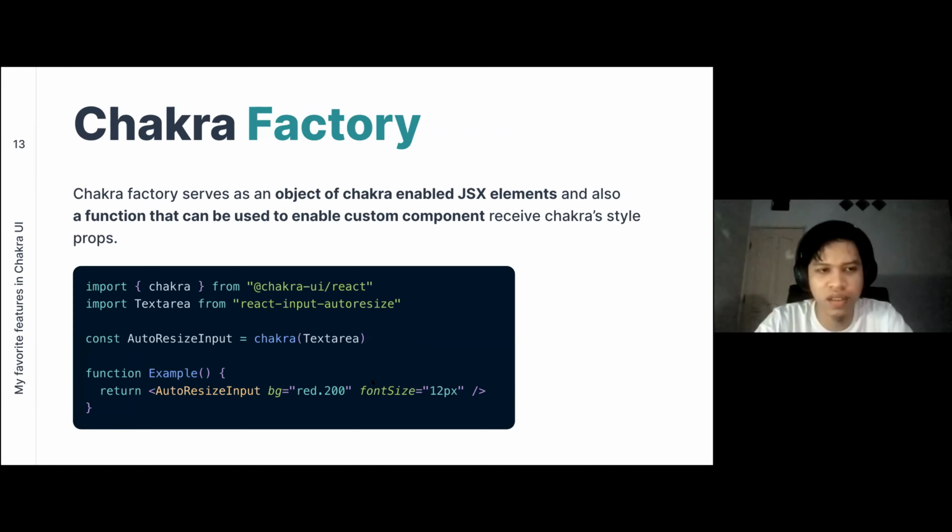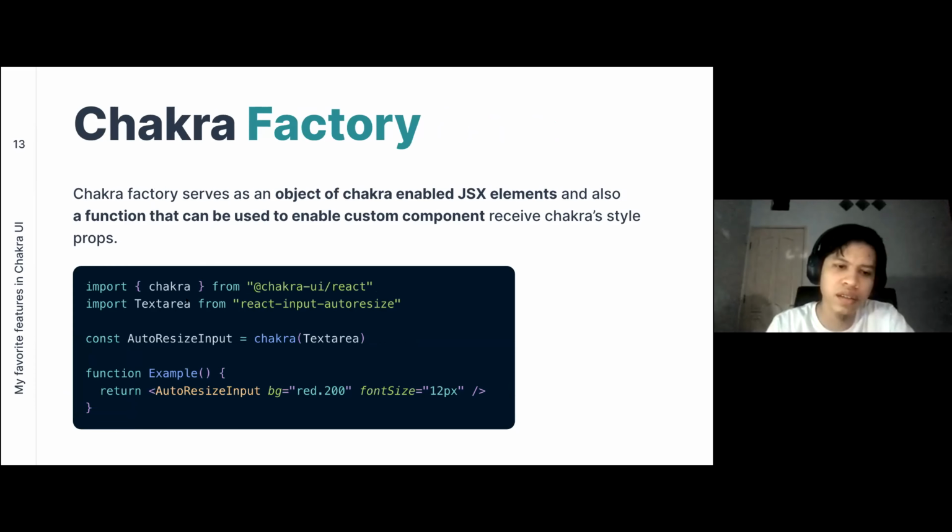Okay, and the last one is Chakra Factory. This is important because, yeah, sometimes a component library does not provide the component we need. In this case, we want to implement React input auto resize. It's like a text area, but it's resized by content.